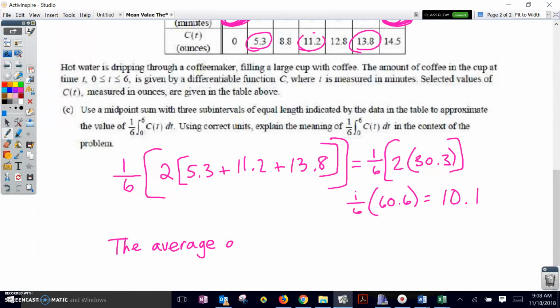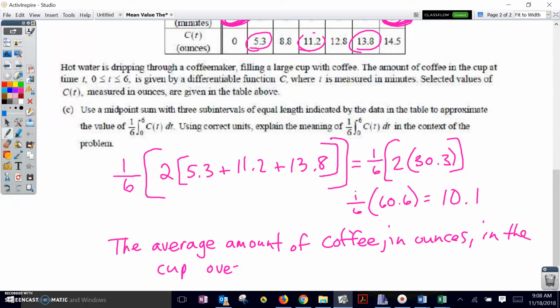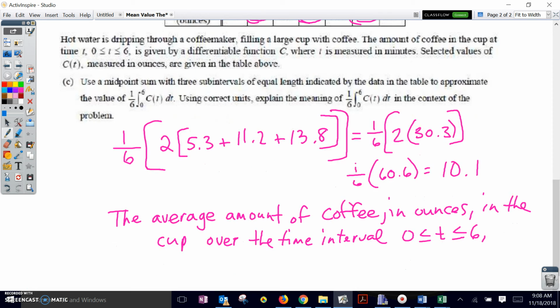So this is the average amount of coffee in ounces in the cup over the time interval (0 is less than or equal to t is less than or equal to 6), where t is measured in minutes.